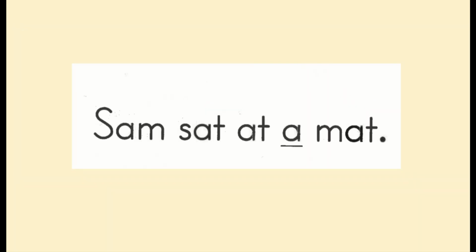Now we're going to practice reading this sentence with some of the words we've been practicing with today. When you read this sentence, point to each word. I'm going to give you just a minute to try this sentence on your own.